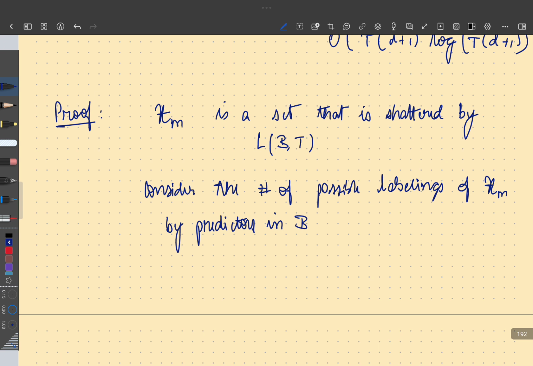So how many possible labelings can I get? Or what would I use to upper bound the number of possible labelings that you can get for the set x1 through xm by the base hypothesis class B?